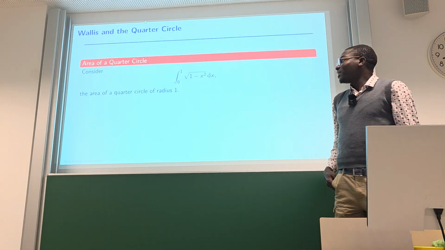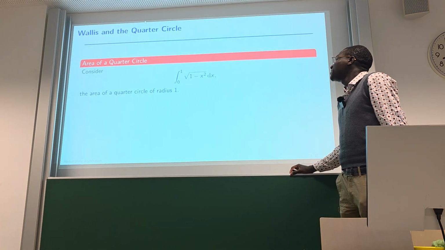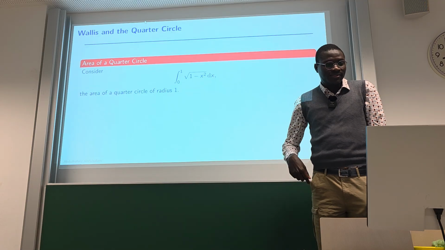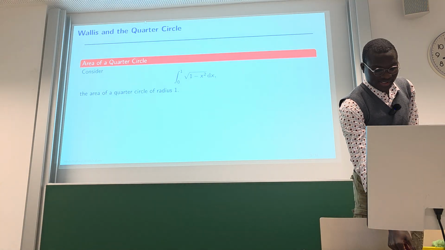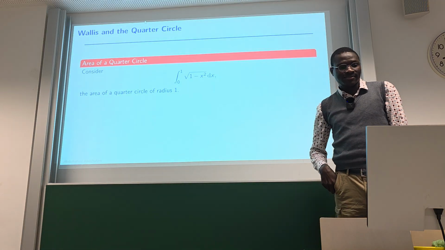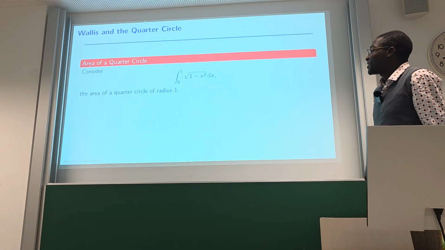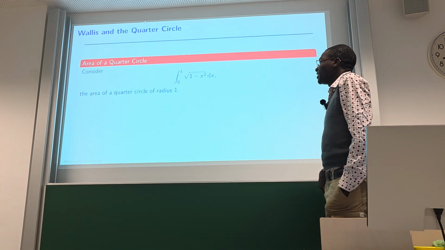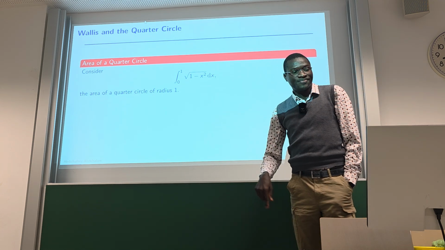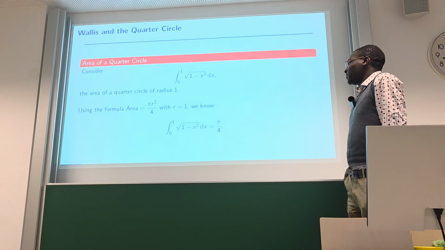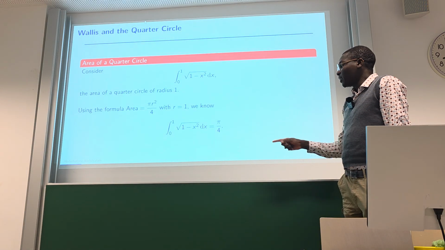We started with the Wallis integral here, or let's say the integral that induces the Wallis product. And we discussed these slides up to the 17th slide. Just as a briefing, this is the integral that gives the area of the quarter circle, and we know what that area is, pi over 4.